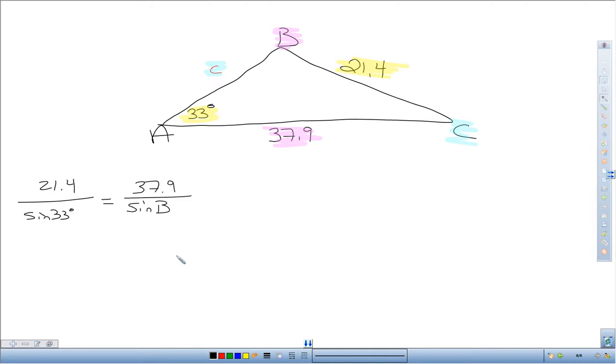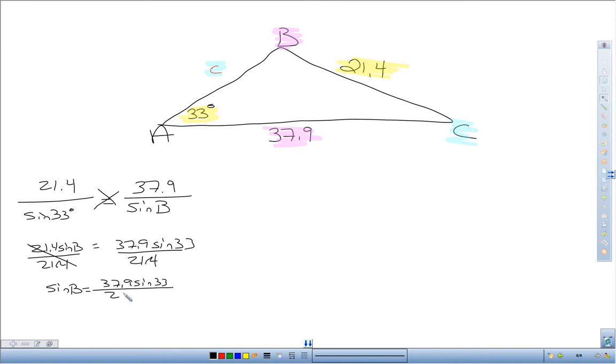Now here's what I want you to notice. Because I'm trying to find an angle, this lets me know I'm going to do arc sine at the very end. So I'm going to cross multiply, so 21.4 sine of B equals 37.9 sine of 33. I should have put 21.4 at the front; it doesn't matter. I'm going to divide by 21.4, and so sine of B equals 37.9 sine of 33 over 21.4.